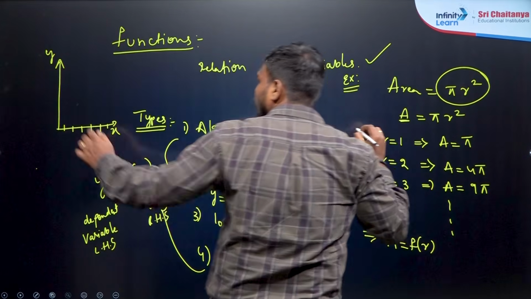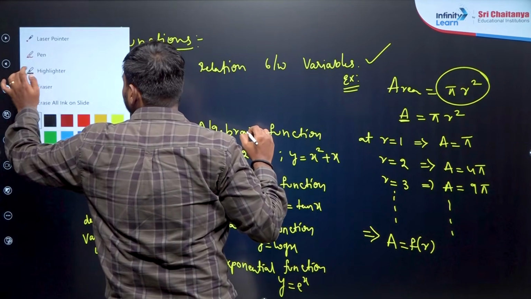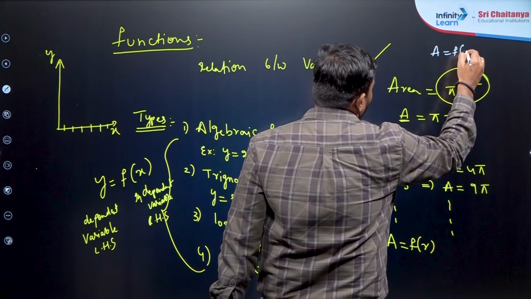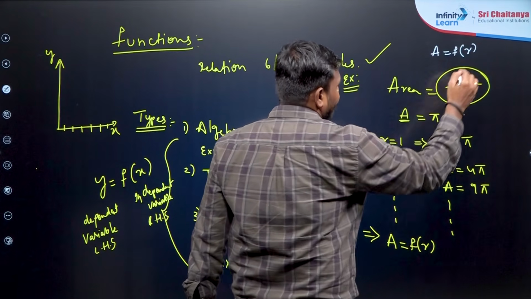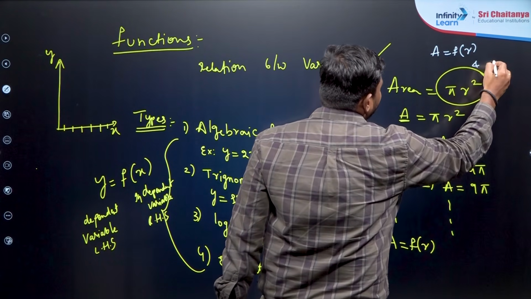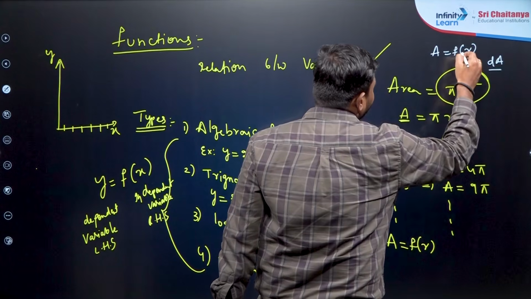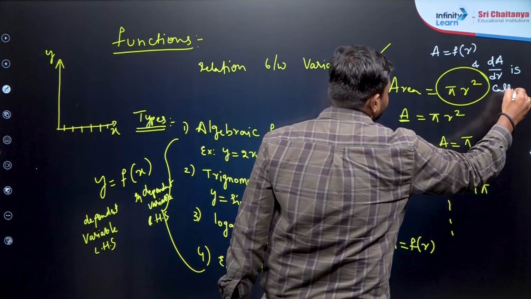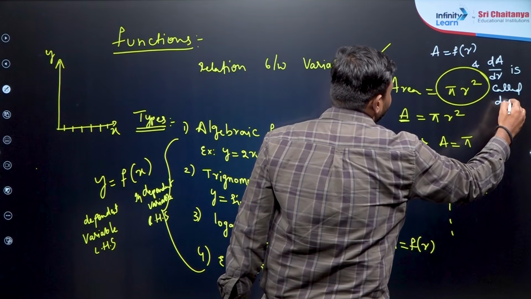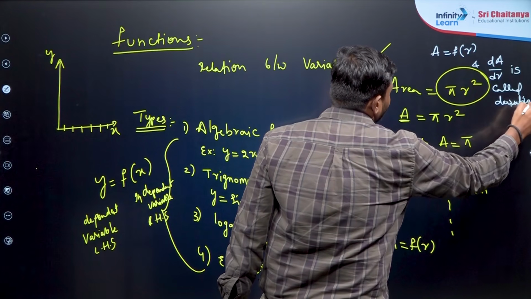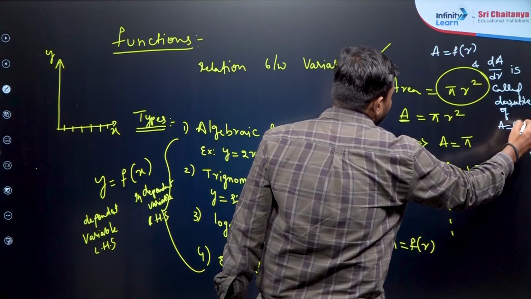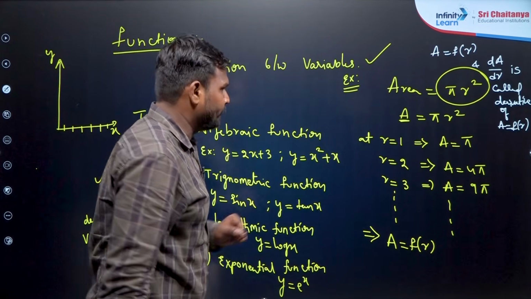Area is a function of radius, and small change in area by small change in radius is called the derivative of this function. Is that clear? Right.